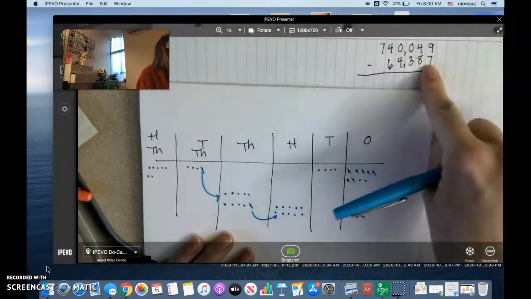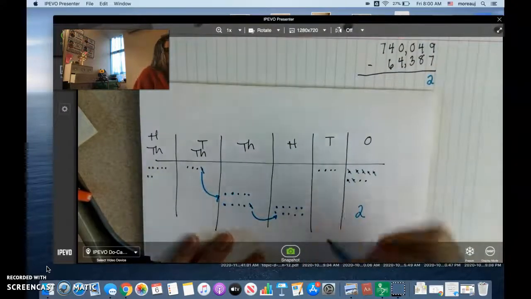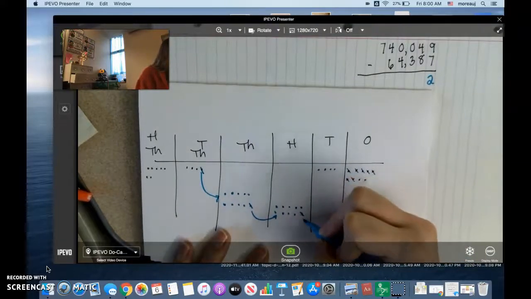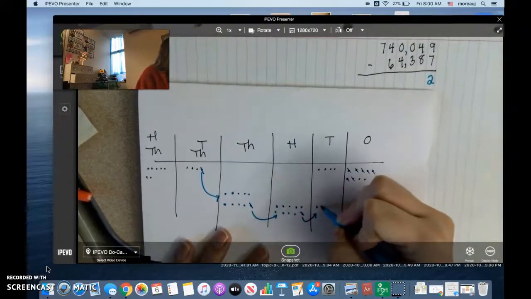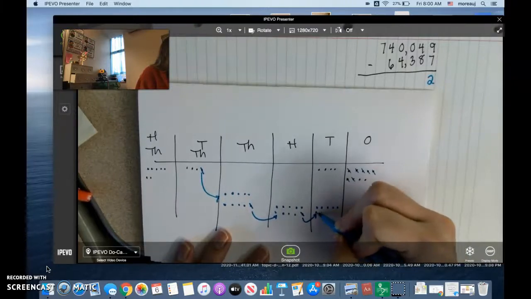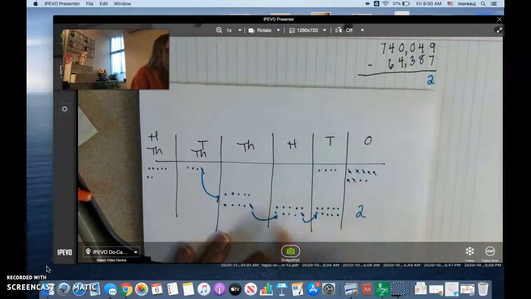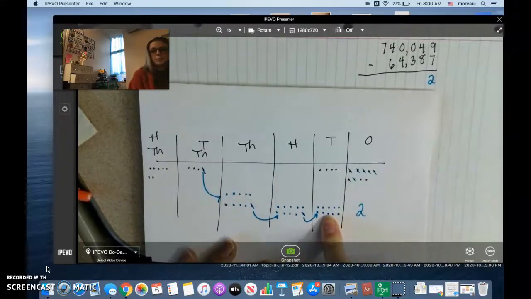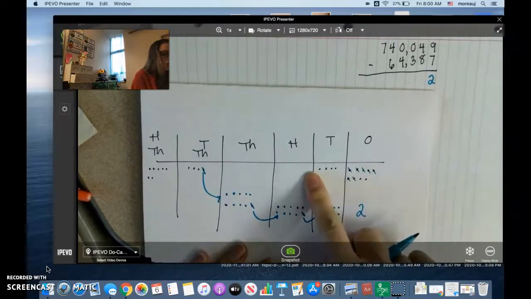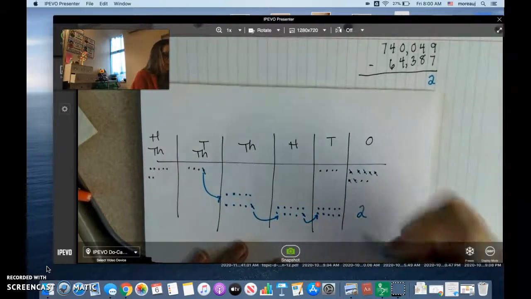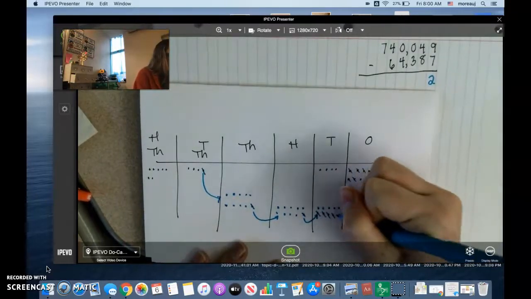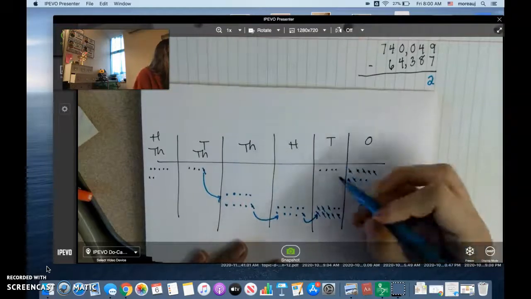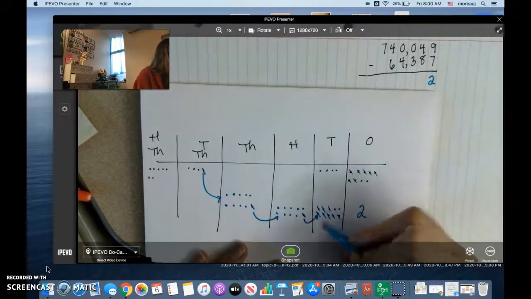Now I can start again here. 4, I still can't take away 8, but this time I can decompose 100 because I have decomposed multiple times here. And 100 equals 10 tens. Now you can see that we've decomposed 1, 2, 3 times because we've had to. Now I can take this 8 away. 1, 2, 3, 4, 5, 6, 7, 8. And I'm left with 4, 5, 6.